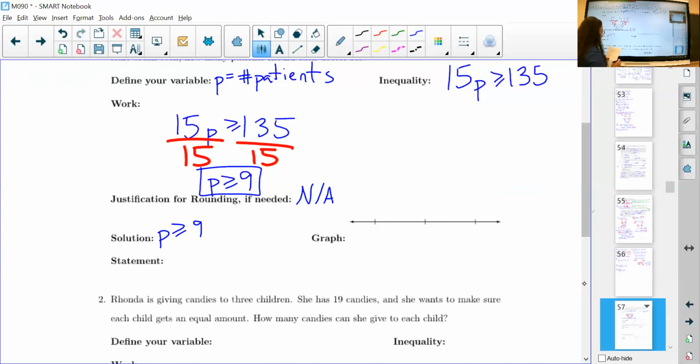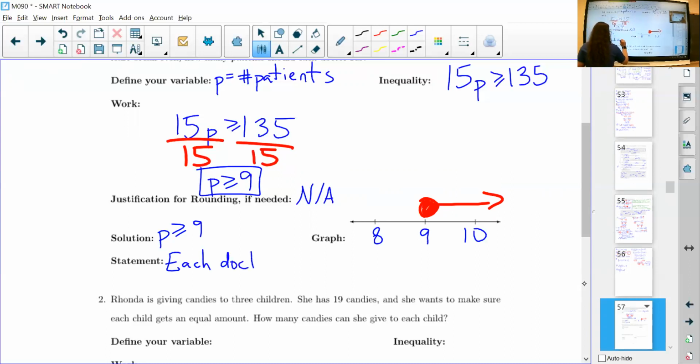You have the graph. 9's our critical value. Let's put an 8 and a 10 here. Shaded or not? Pause it and think about it. Yeah, shaded. Going to the right because it's okay for them to see more patients. They just don't want to see fewer. And then the statement is a sentence that describes what you've just found and make sure that it's reasonable.